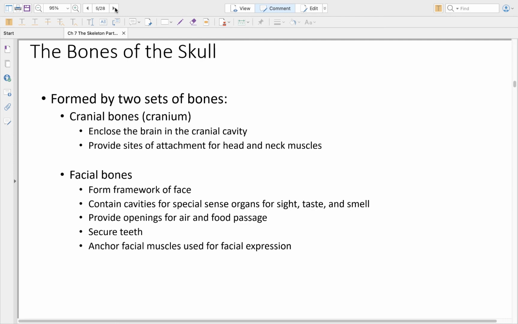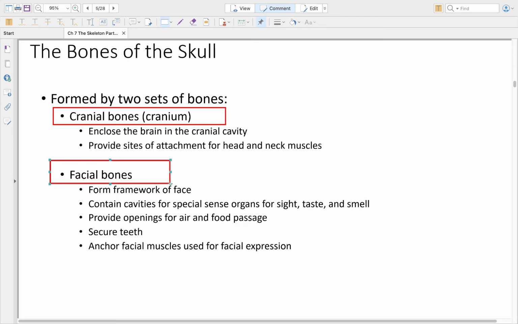All right, when we look at the bones of the skull, we organize them into two categories: the cranial bones and the facial bones. Cranial bones, they encase the brain and our cranial cavity. It also provides different sites of attachment for your head and your neck muscles.